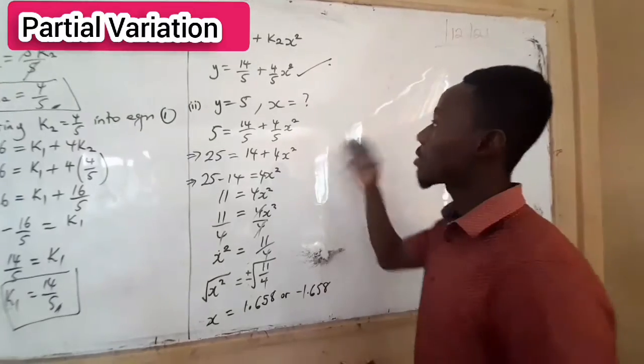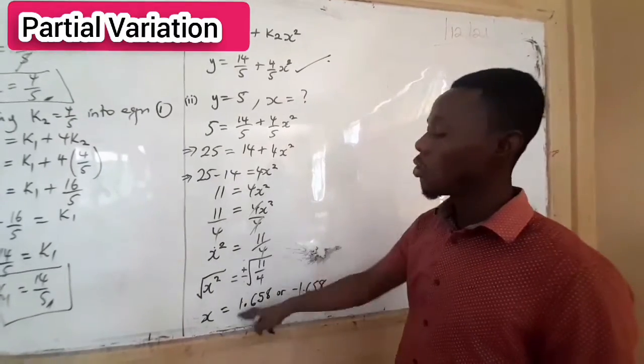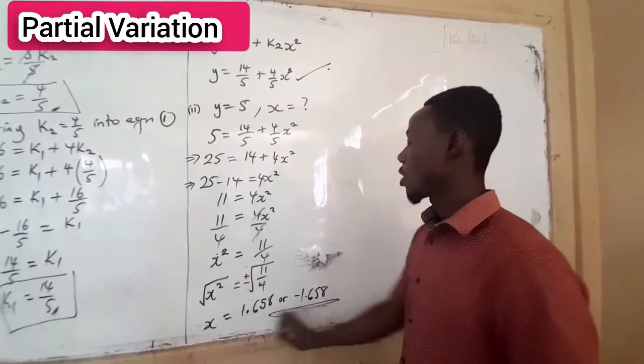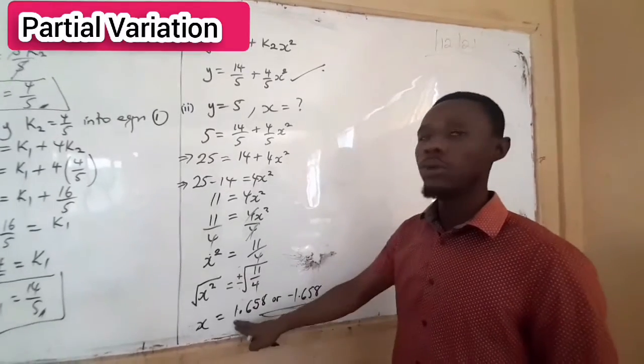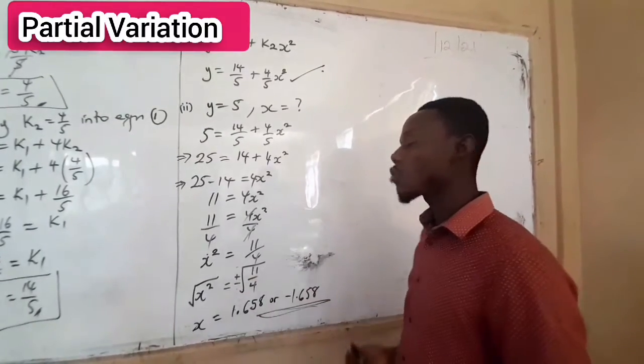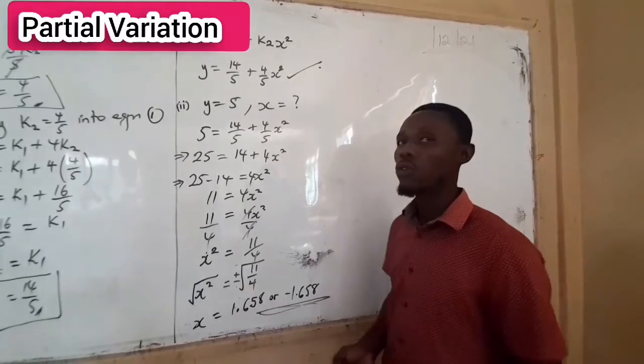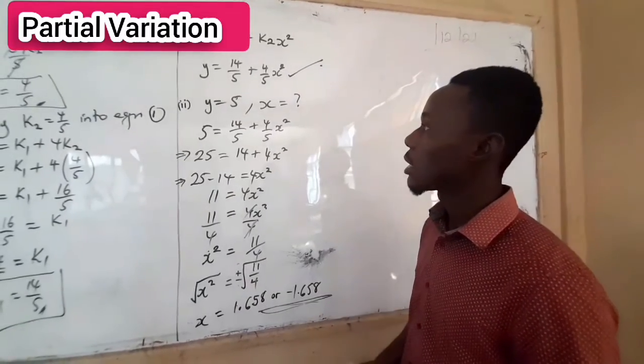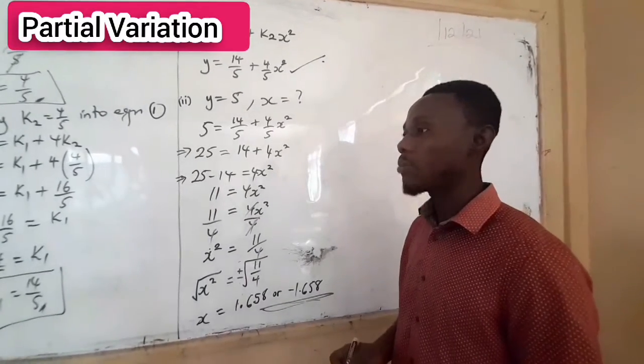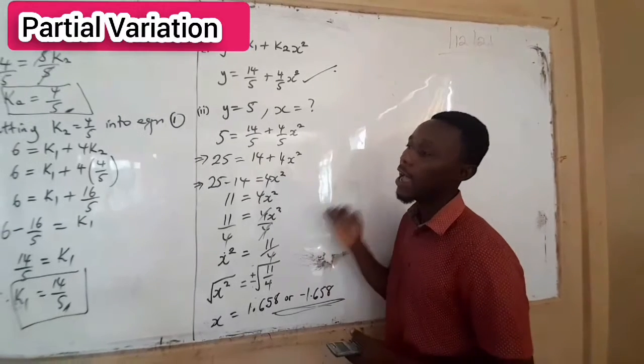These are the answers for the value of what? X. If you are asked to choose the positive, you will choose this one. And if you are also asked to choose the negative, you will also choose this one. That's for the I part.